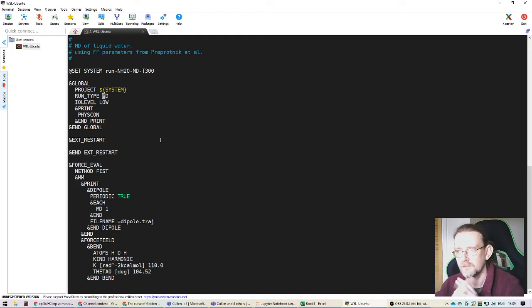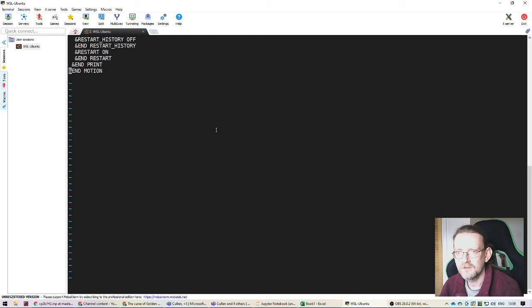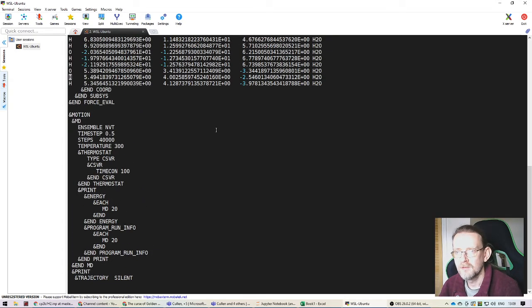And the run type, if you remember, controlled what we did with the overall simulation. Our run type up to now has basically always been molecular dynamics. If we look for the sections, we find this motion section.